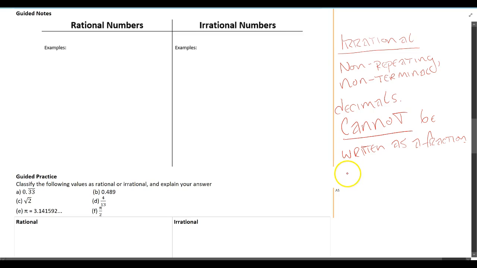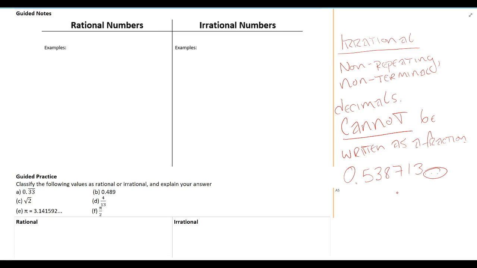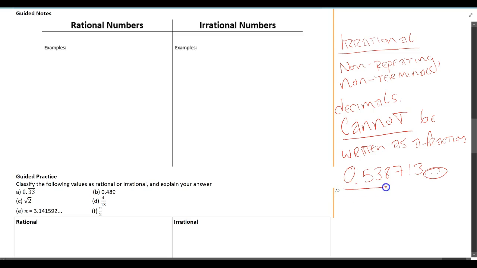For example, you cannot write, let's say my number was 0.538713... as a fraction, because we don't know what's happening here. It is non-repeating and it is non-terminal. What that means basically is an irrational number is unpredictable.